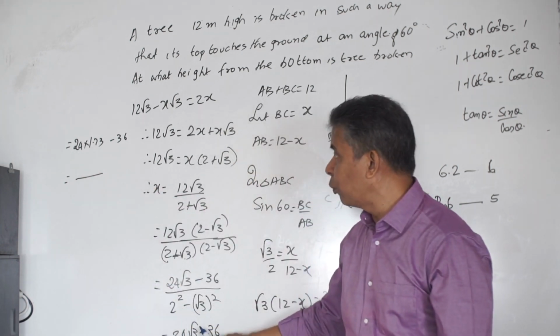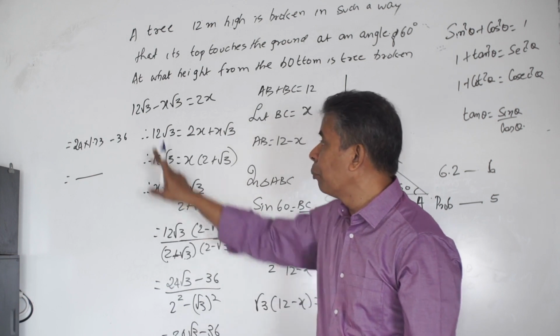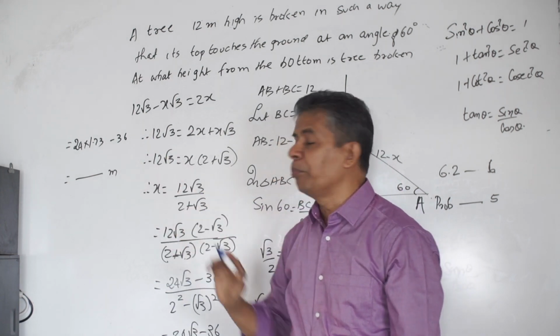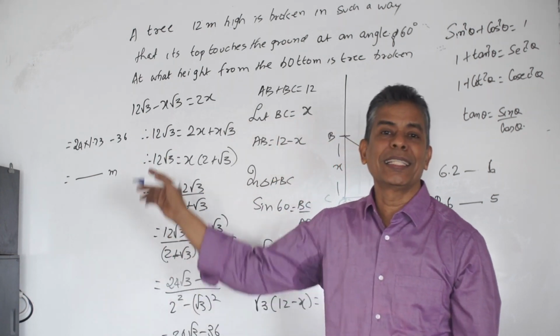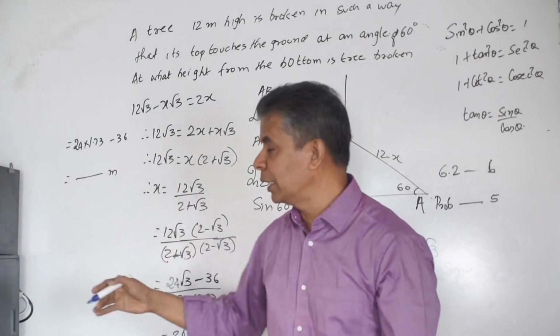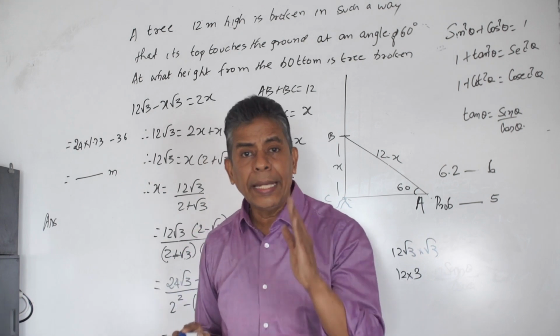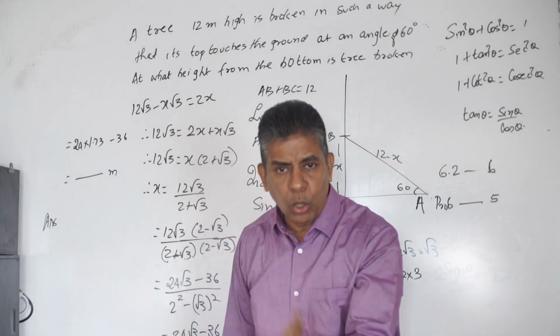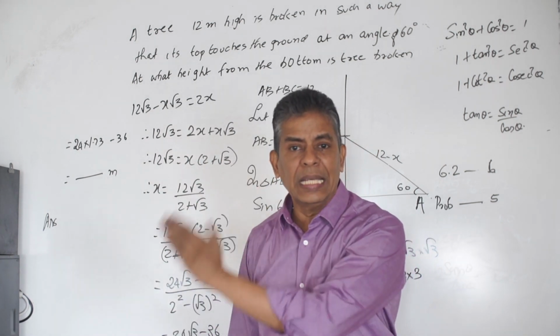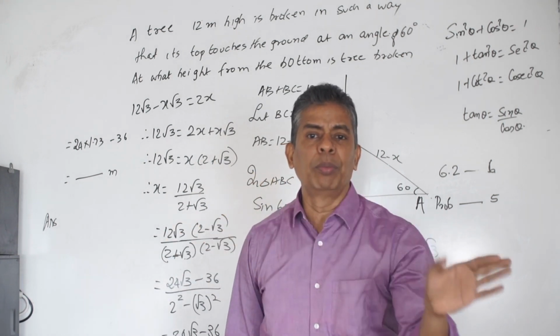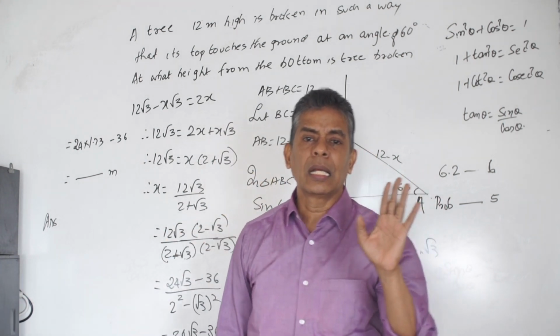What is root 3? 1.73, minus 36, this many meters. You will do the multiplication yourself. That is your answer. So what will you write as the final answer? Height from the ground at which the tree is broken is dash meters. Whatever answer you get, that is your answer.